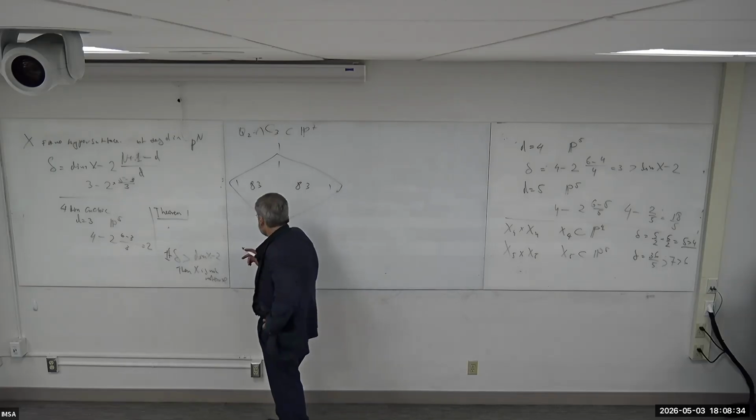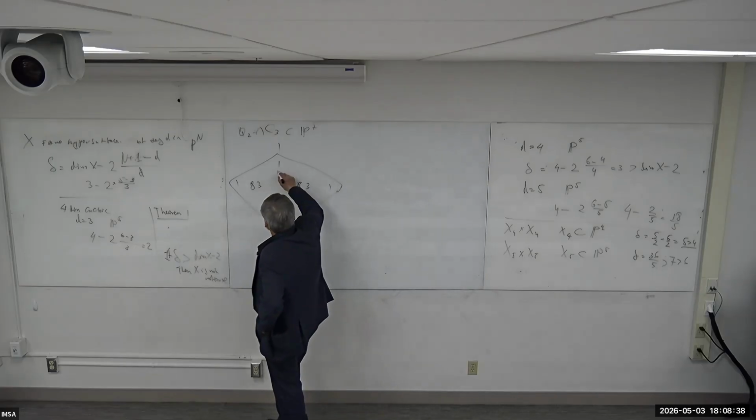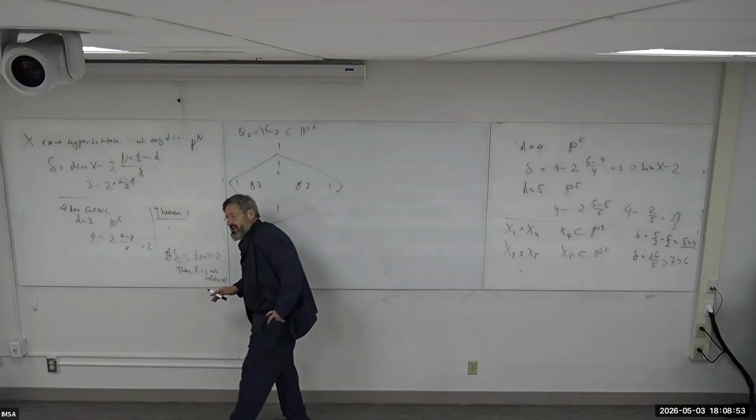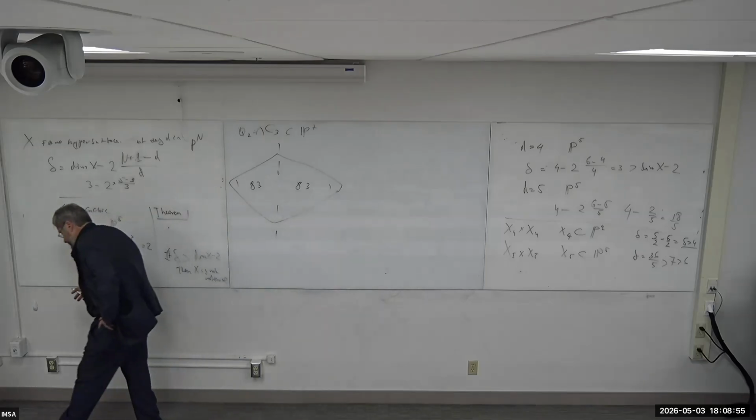Rigid means no deformations, and that's why I'm not writing the zeros. The mirror actually rotates, and so this 2-1 part goes here.